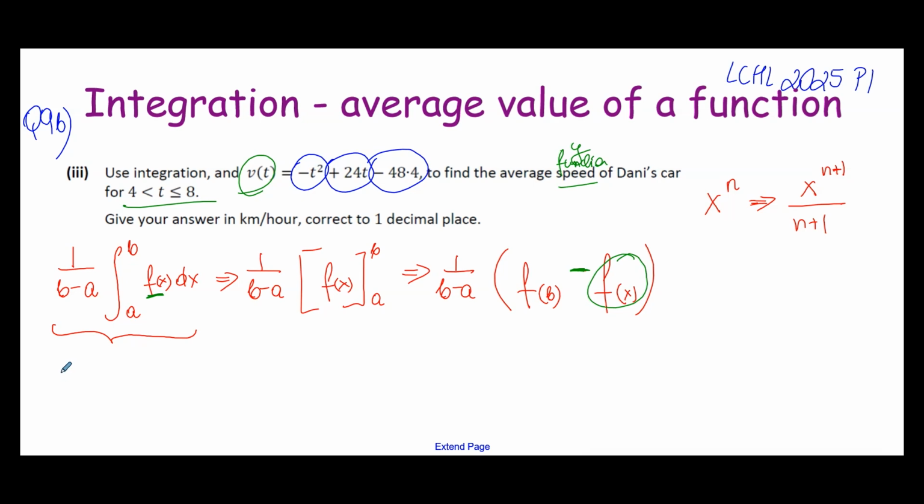So our higher interval is 8, lower interval is 4. We're going to integrate within that interval, 8 to 4, and this is the function that we are going to integrate. We're saying this function is a derivative. That's the reason why we write it here, and that's how we treat it.